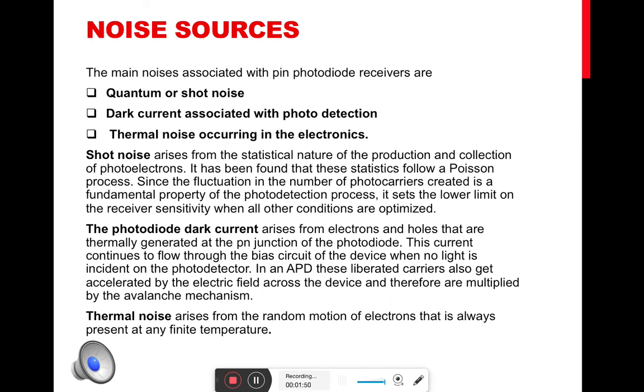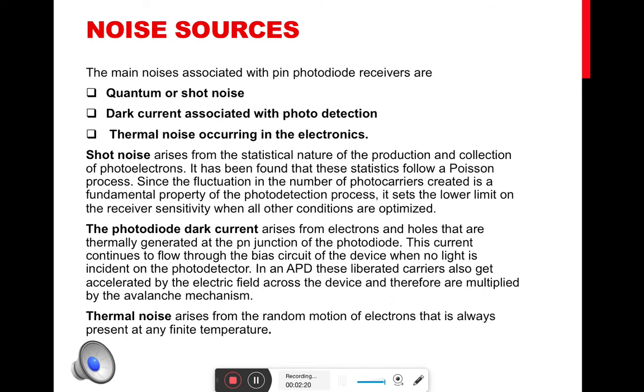And again, in avalanche photodiodes, these carriers also get accelerated by the electric field across the device and are therefore multiplied by the avalanche mechanism. What this means is that in an avalanche photodiode, we have already discussed the multiplication, and because of the multiplication, the dark current associated with the APD can also get multiplied.